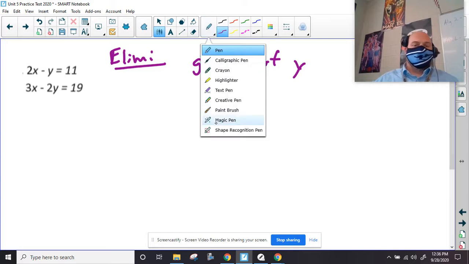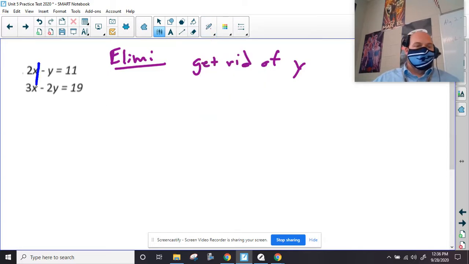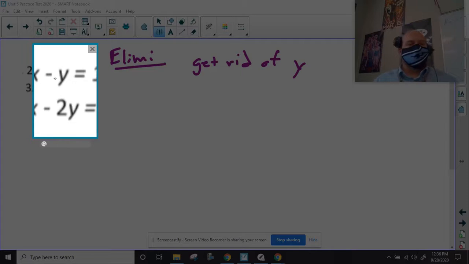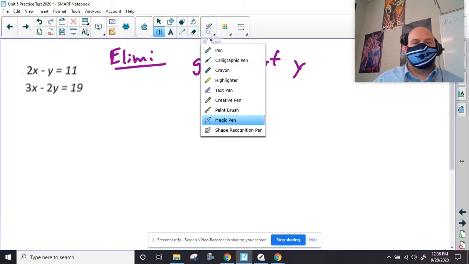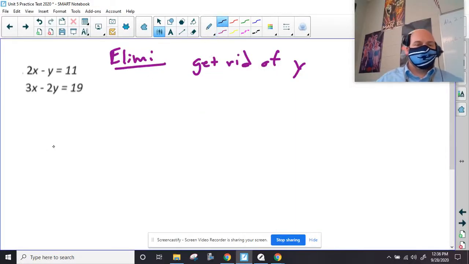And this is why. If I look at my y's right here, there we go. One of them negative y, one of them negative 2y. So I could easily make this top one be a positive 2y. Okay, so I'm going to leave this bottom one alone.